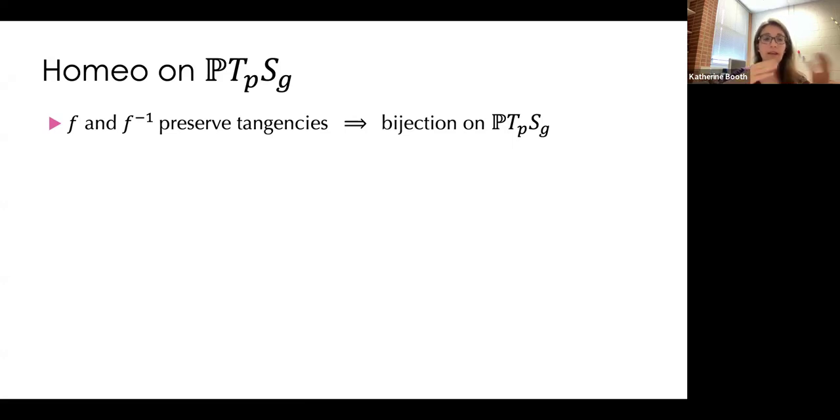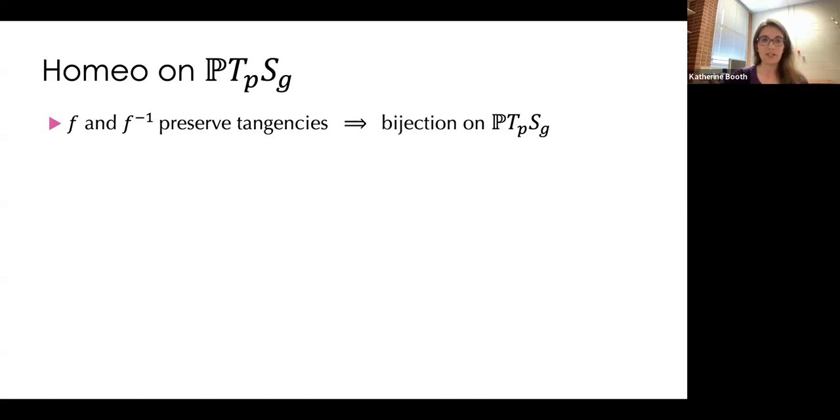And that means I'm going to have a nice bijection, because I can hit any curve, because F inverse is going to send it back to somewhere. It's going to have to come from some other curve, so I'm surjective. And I'm also injective, because F inverse can only go back to one curve, not two curves. So each tangent direction is going to have to map to a single tangent direction. So I have this bijection on the projective tangent space.